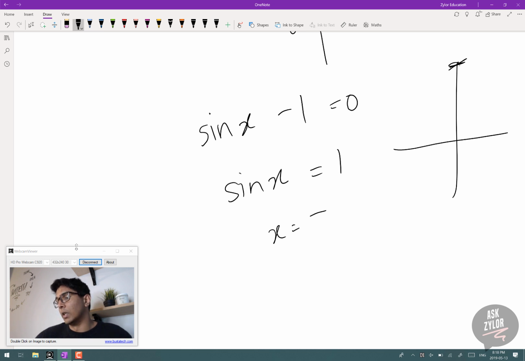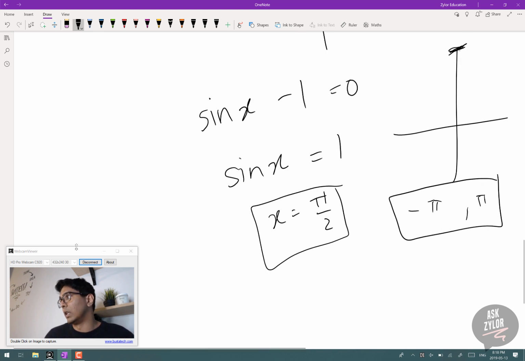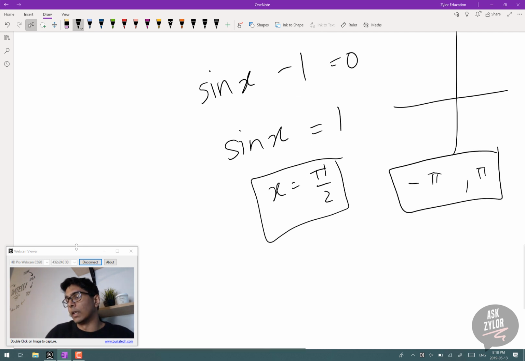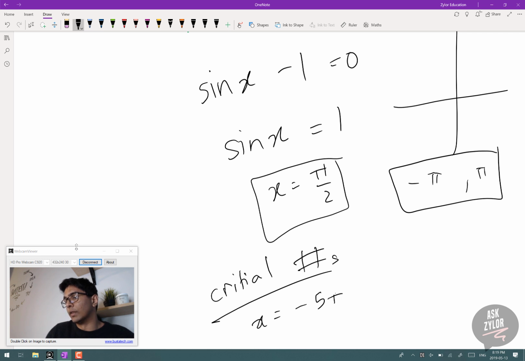So my x could be pi/2. Again, I need to look at the range between -pi and pi, pi over 2 can exist, so that's another point I can look at. So the three critical numbers I'm going to look at are when x is equal to negative 5 pi over 6, negative pi over 6, and pi over 2.